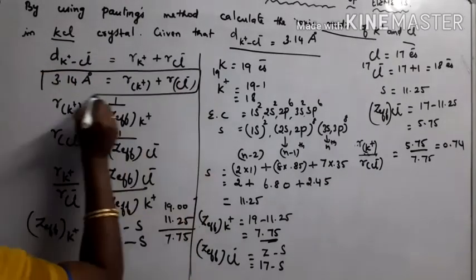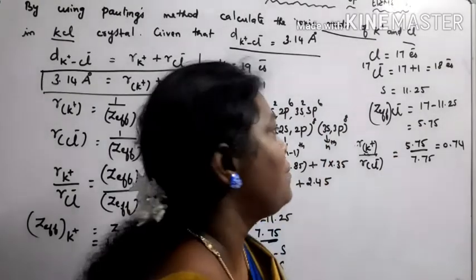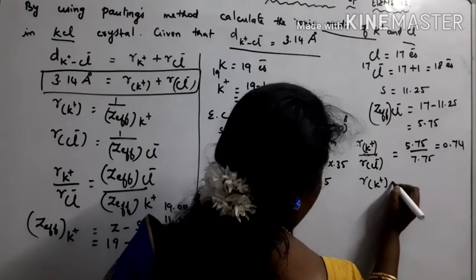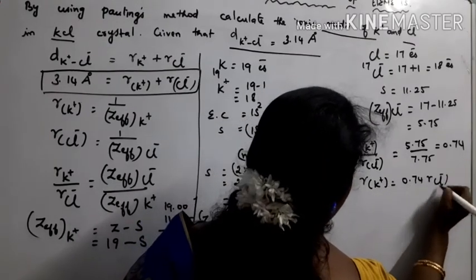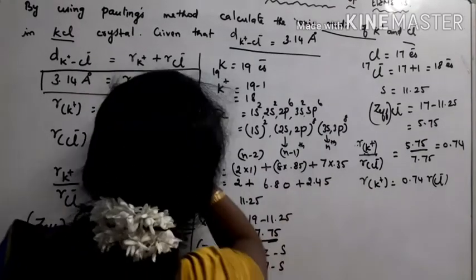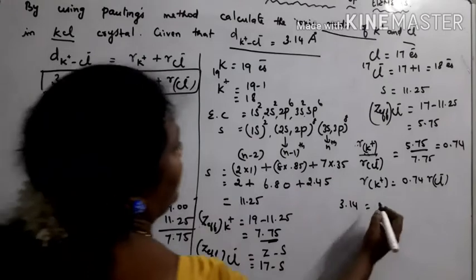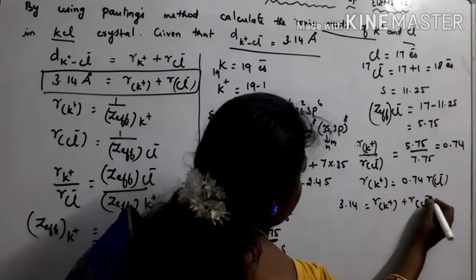Now we have to substitute this value, but we don't know the radius of either K plus or Cl minus. So we write it like this: the radius of K plus equals 0.74 times the radius of Cl minus. Substituting here, 3.14 Angstrom equals radius of K plus plus radius of Cl minus.